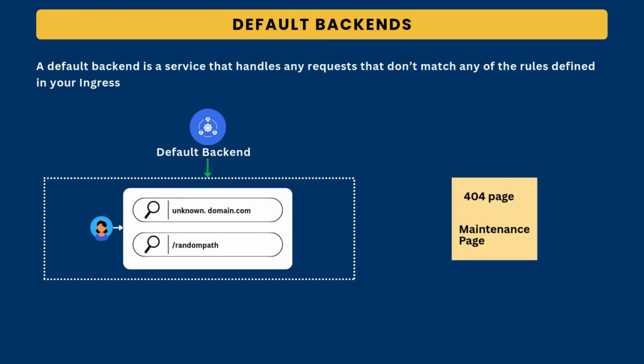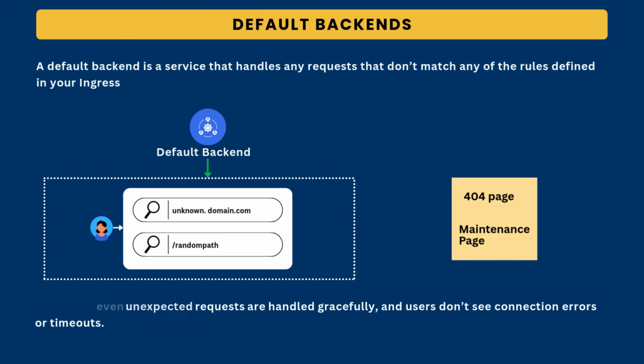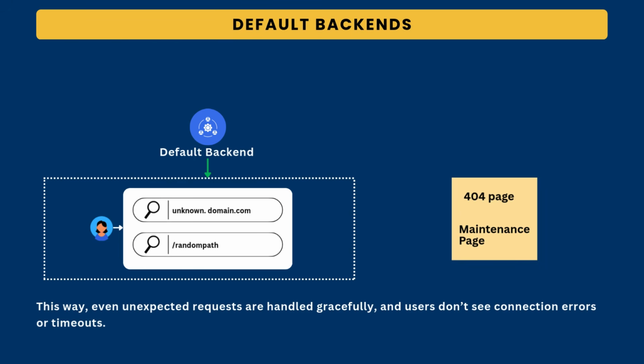It's often used to serve a 404 page, a maintenance page, or a simple message indicating that the requested resource does not exist. This way, even unexpected requests are handled gracefully, and users don't see connection errors or timeouts.